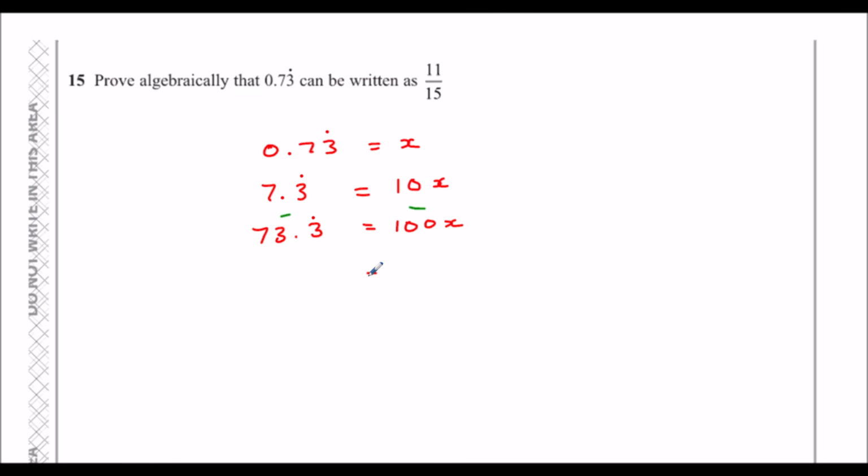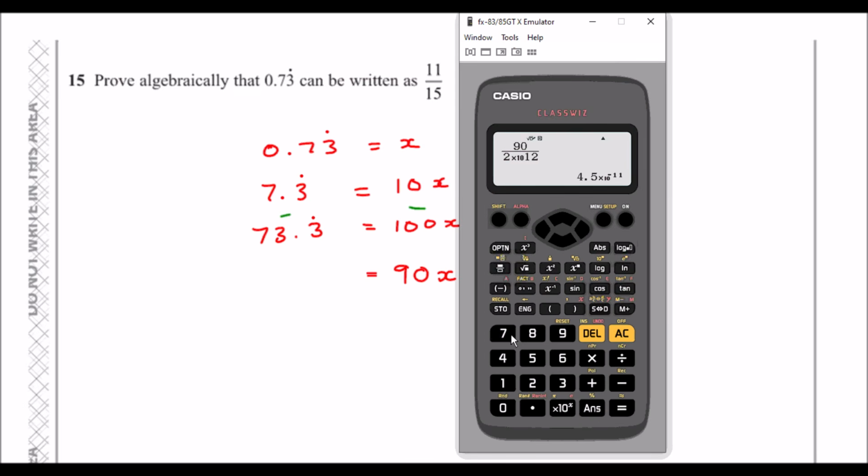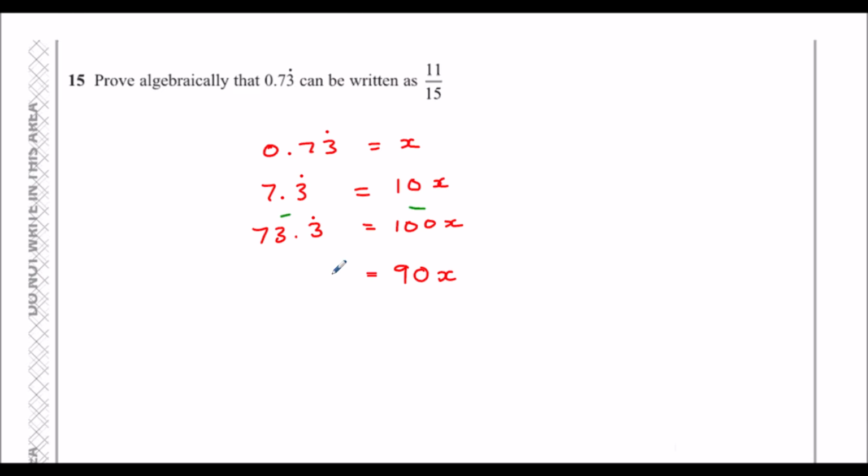100x take away 10x is 90x, and 73.333 take away 7.3 is 66. So these recurring bits cancel out. We've taken one away from the other one, so it's cancelled out.